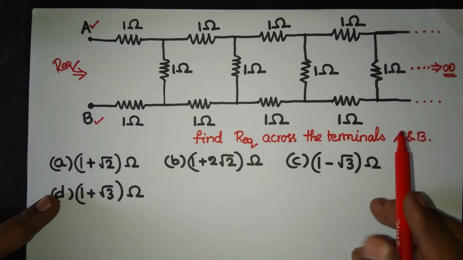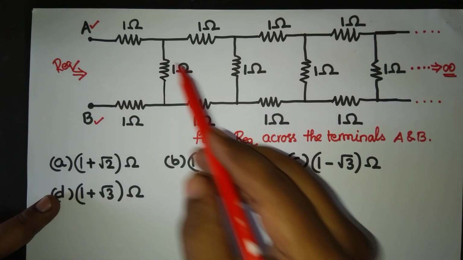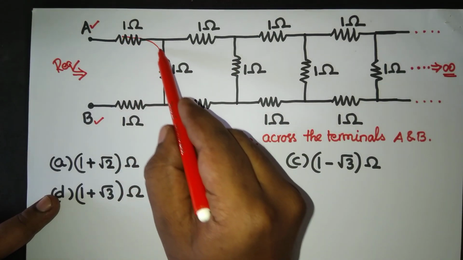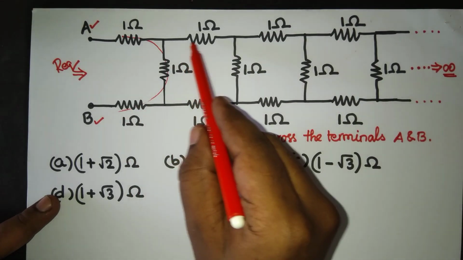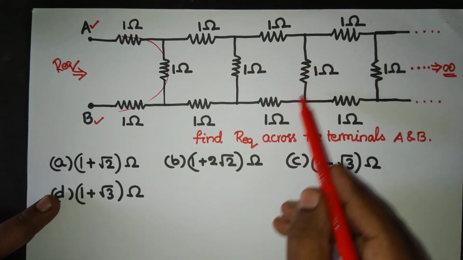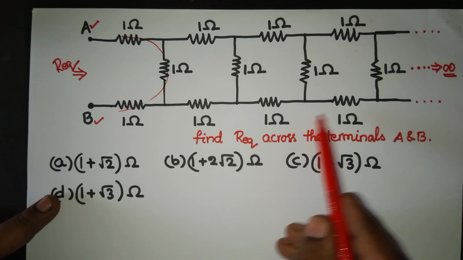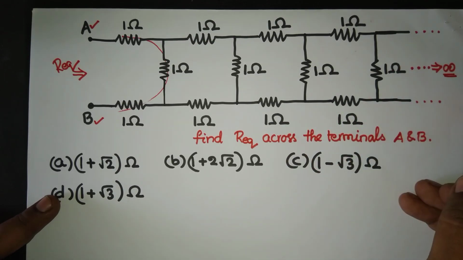Here, if you observe carefully, for example, if I take this combination, the same thing is repeating everywhere, so on until infinity.